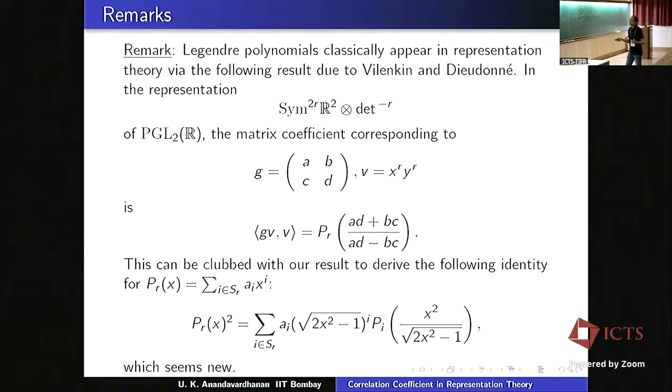And one more comment I'll make: though I wrote it in terms of R, the way I get this is actually using finite fields. Because what I have done is, this is for any matrix coefficient, right? And these things go for any field. This computation is purely formal. So this is true for F_p also. And then a, b, c, d, what do I choose? I choose each element of the non-split torus.